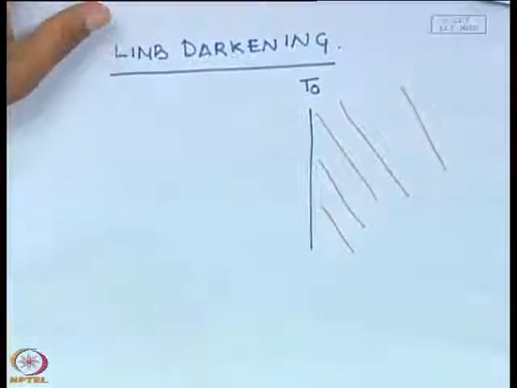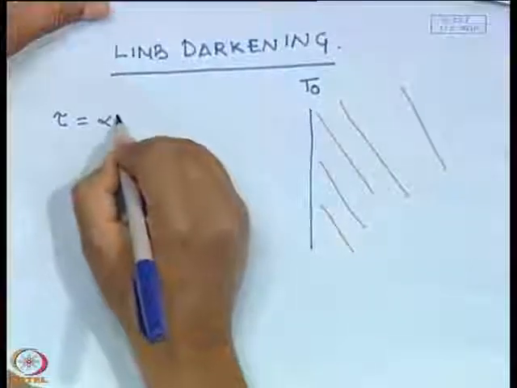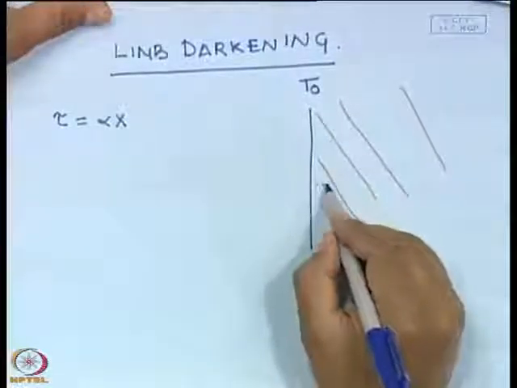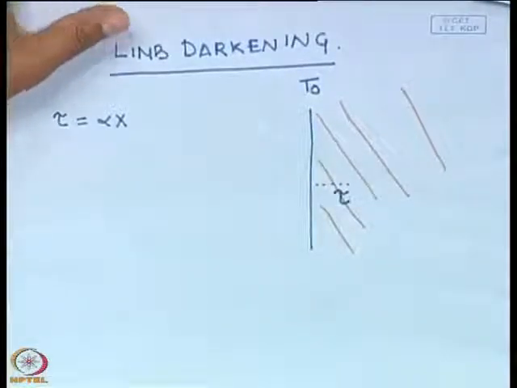Now remember that when we discussed the propagation of radiation, I told you that it is most convenient and natural to quantify length intervals using the optical depth, right. Optical depth was alpha, the absorption coefficient, into distance x, alpha into x. So the distance inside we are going to quantify using the optical depth tau, that is the important thing for radiation.